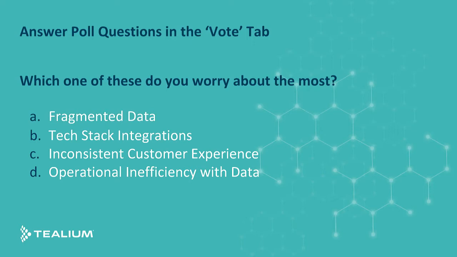Inconsistent customer experience is another symptom, and operational inefficiency with data. Everyone wants to be data driven, but when the rubber meets the road, a lot of times we aren't able to be as efficient as we would like. Looking here, it looks like inconsistent customer experience is the one that's coming across in the audience.